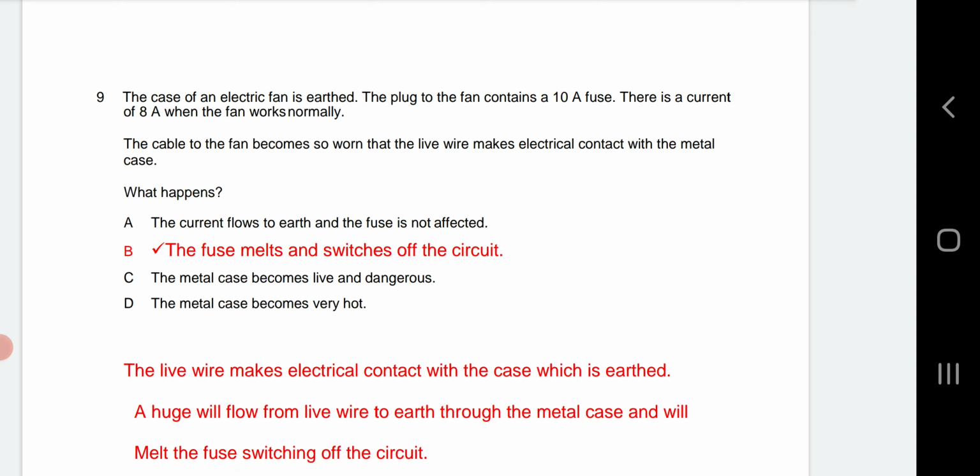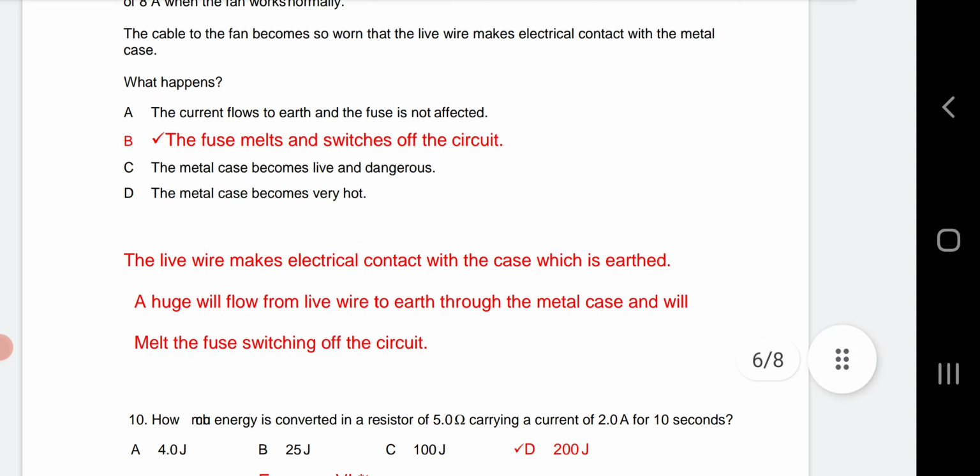As the live wire touches the metal case and the metal case is earthed, there is a short circuit condition between live wire and earth. So the fuse will melt and switch off the circuit. Option B. A huge current will flow from the live wire to earth through the metal case, melting the fuse and switching off the circuit.